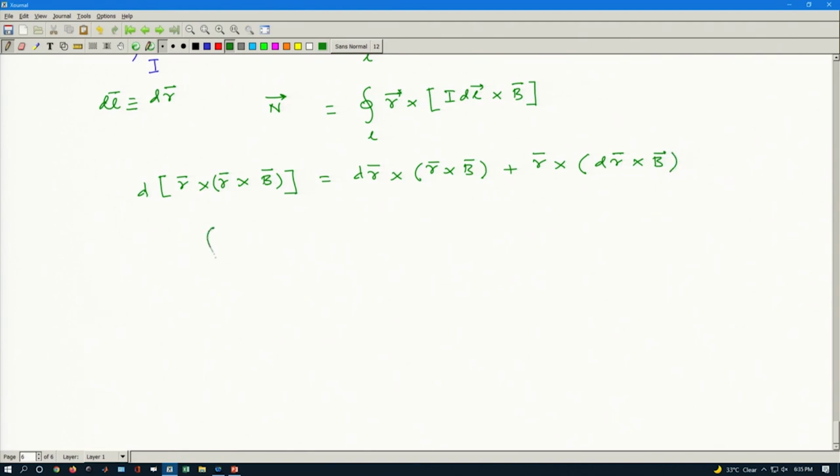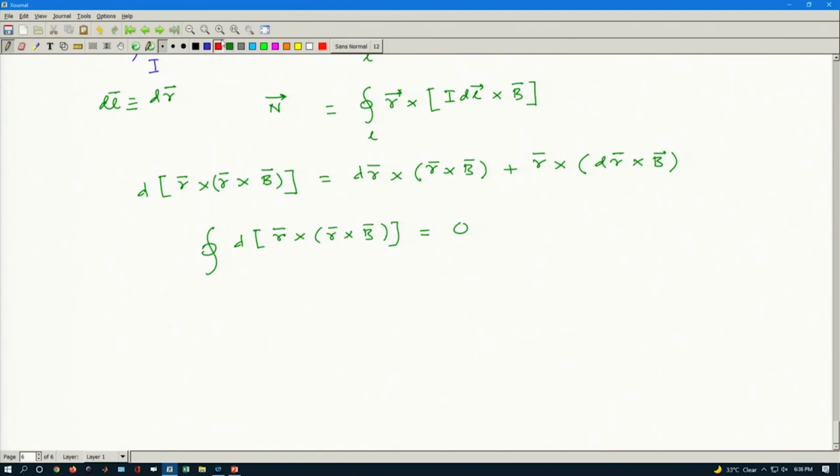Also, this is a closed integral. If I make a closed integral of this quantity, which is a complete integral, r cross B simply gives me 0, because we are calculating the loop integral of a perfect differential. So, this has to be 0.